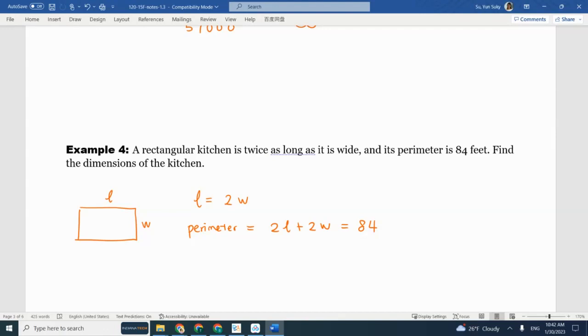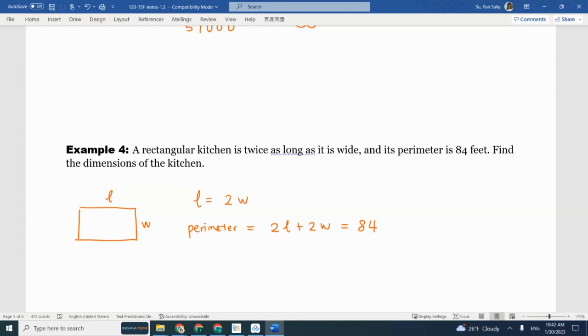Okay? Then there must be a way we can eliminate one of the variables. Do you see 2 times W equals L? So you can replace 2W by L. Then you get an equation of L only. Then you can solve for L. Or you can plug in for L. So L is 2W, so you get 2 times 2W.